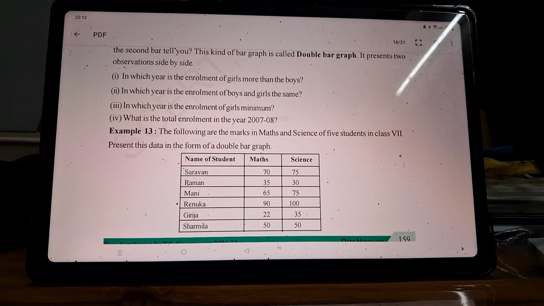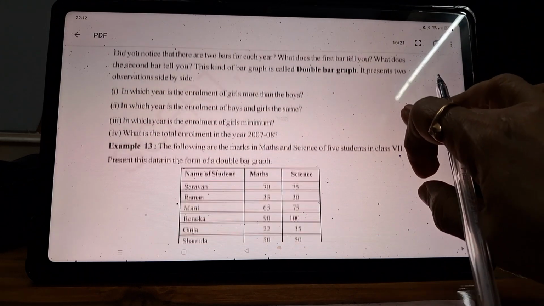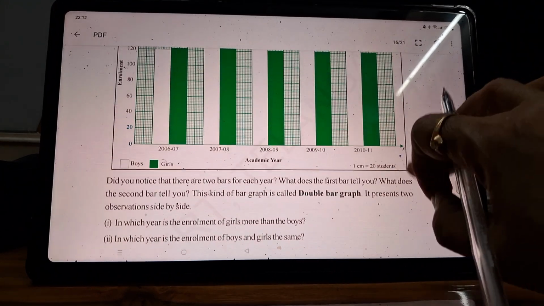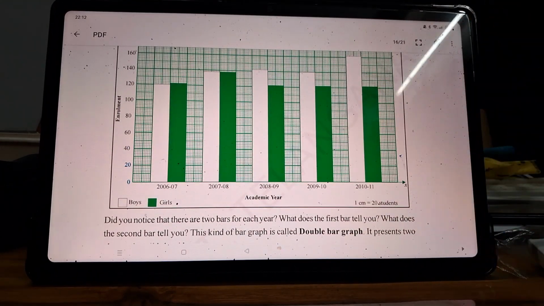So in which year is the enrollment? This is example 12. Let me write, example 12, first question: in which year is the enrollment of girls more? In which year are you finding more?